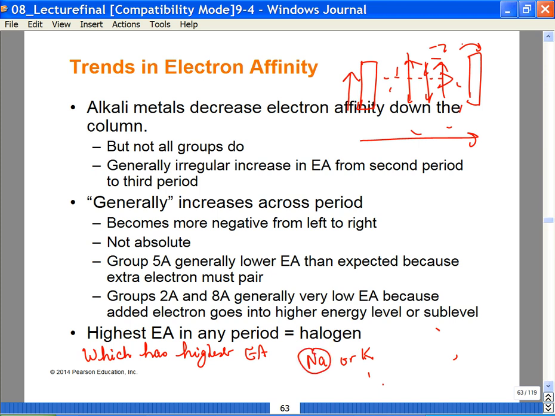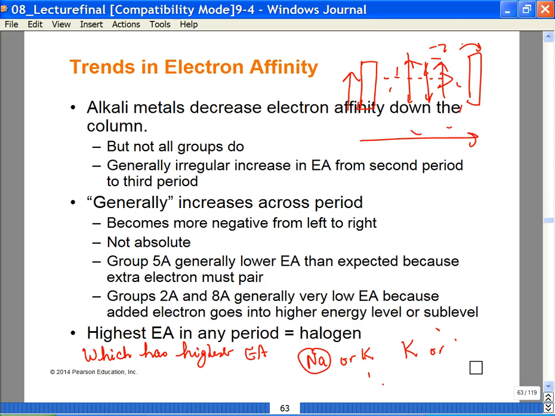Why would you say sodium? It's in group 1, so you can pretty much predict, right? What about potassium or krypton? Krypton is way over there to the right.